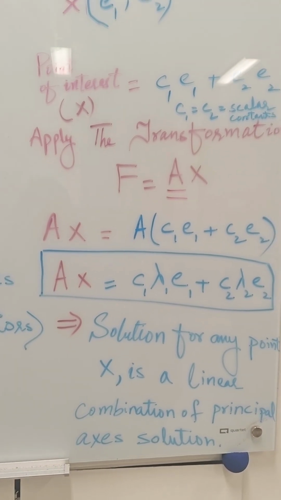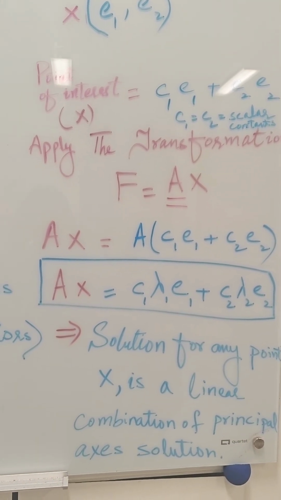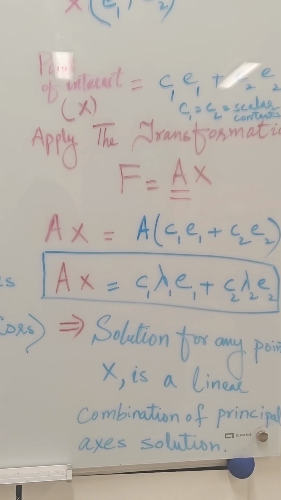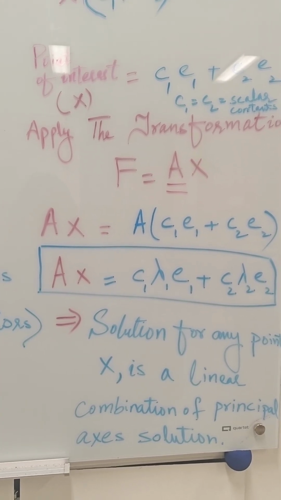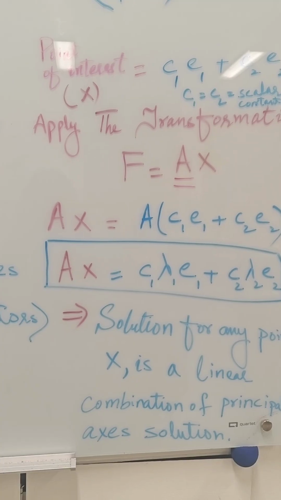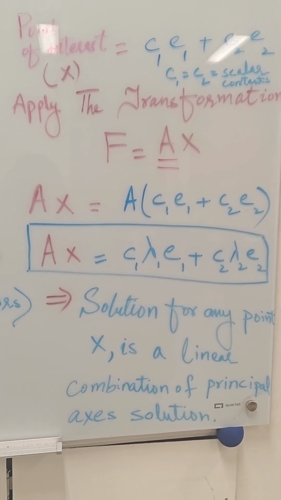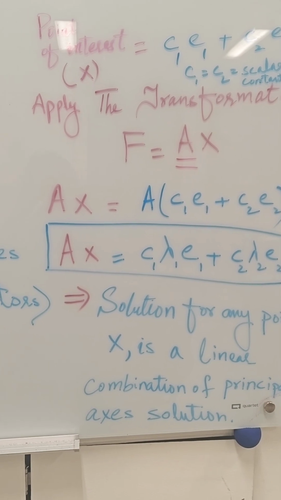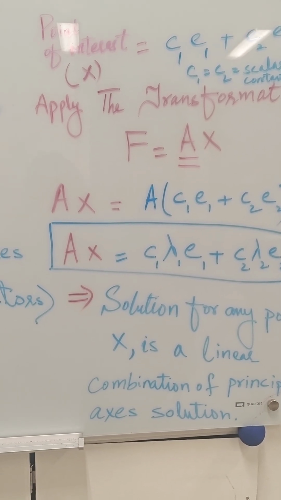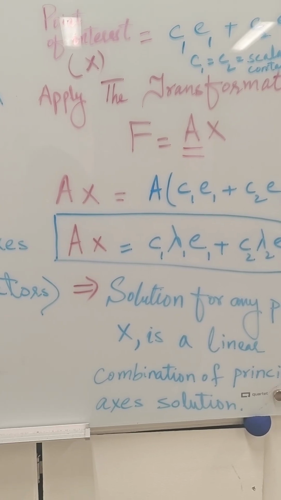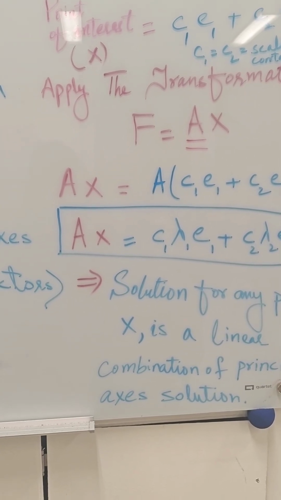So you multiply the right hand side with A as well. And every eigenvector has its own eigenvalue, that is lambda. E1 would have its own eigenvalue lambda 1 and E2 would have its own eigenvalue lambda 2. Let's say your problem has more than 2 eigenvectors, those eigenvectors would also get added to this equation.